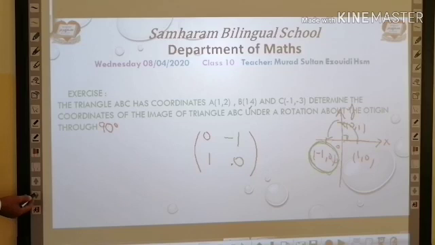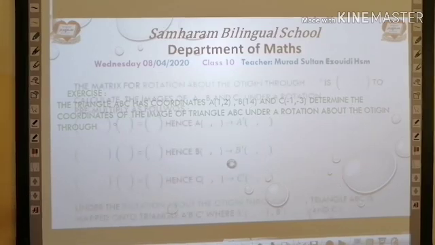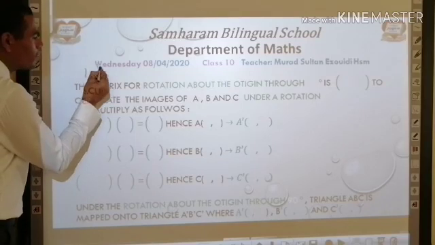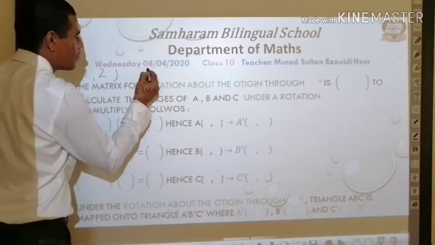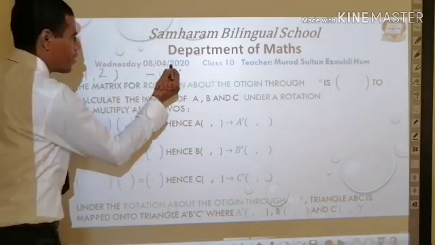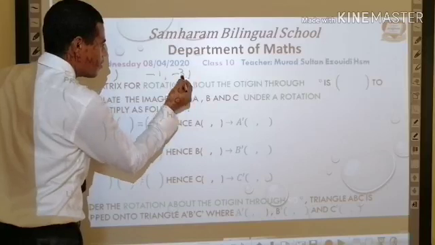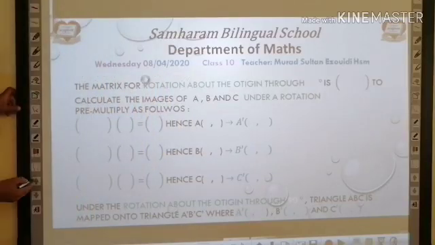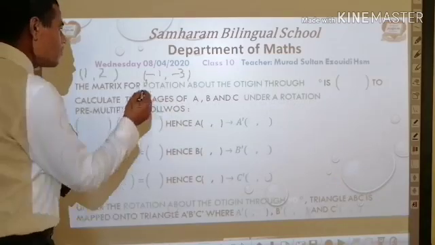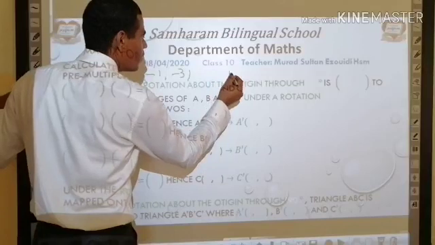Okay, so we have 1, 2, negative 1, 3. 1, 2. Then negative 1, negative 3. And 1, 4.